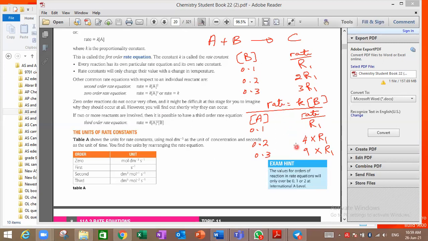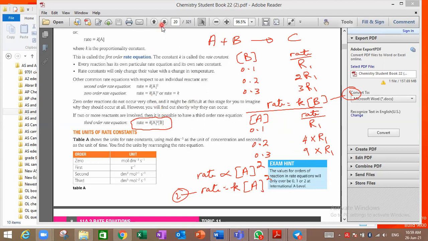So this means that the rate is directly proportional to A squared, not just A. And this means that the rate equals the rate constant times the concentration of A squared. So if we combine these two equations, we get the overall rate equation, which is that the rate equals K, the rate constant, times the concentration of A squared times the concentration of B.